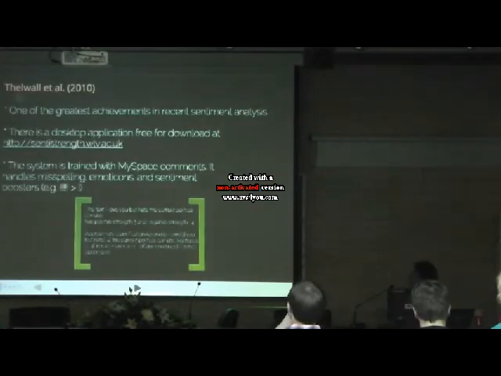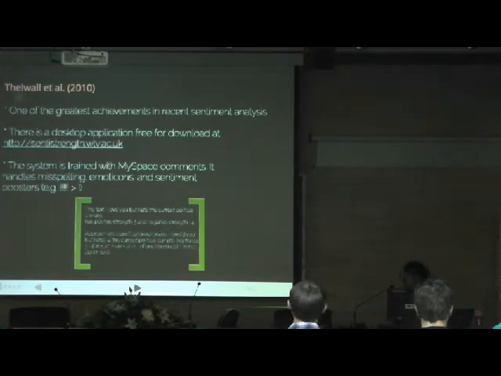And then 2 years ago, one of the great accomplishments in sentiment analysis, which incidentally happens to come from the University of Wolverhampton, is SentiStrength. It's a machine learning trained algorithm that has been trained on MySpace comments. And the idea behind this is that it takes into consideration the particularities of short informal text.